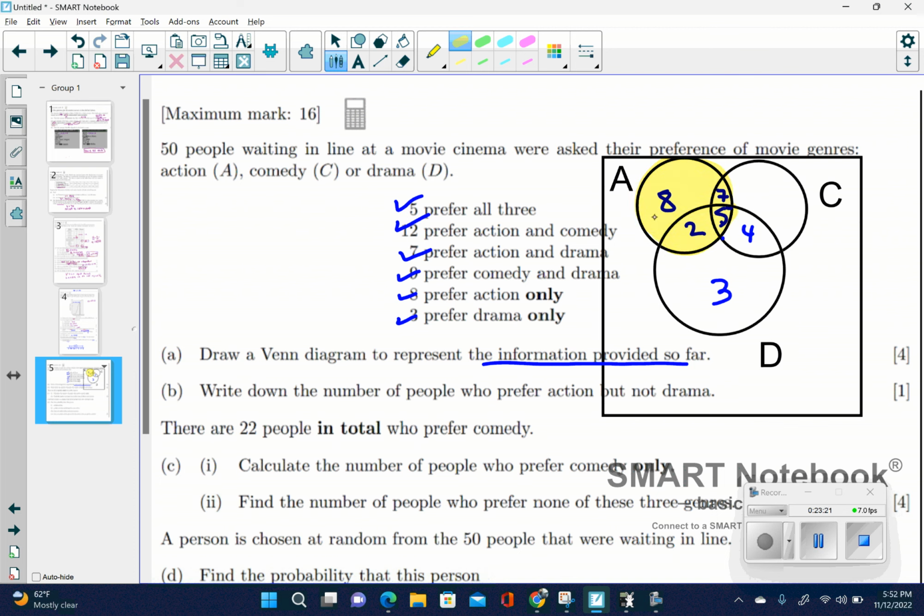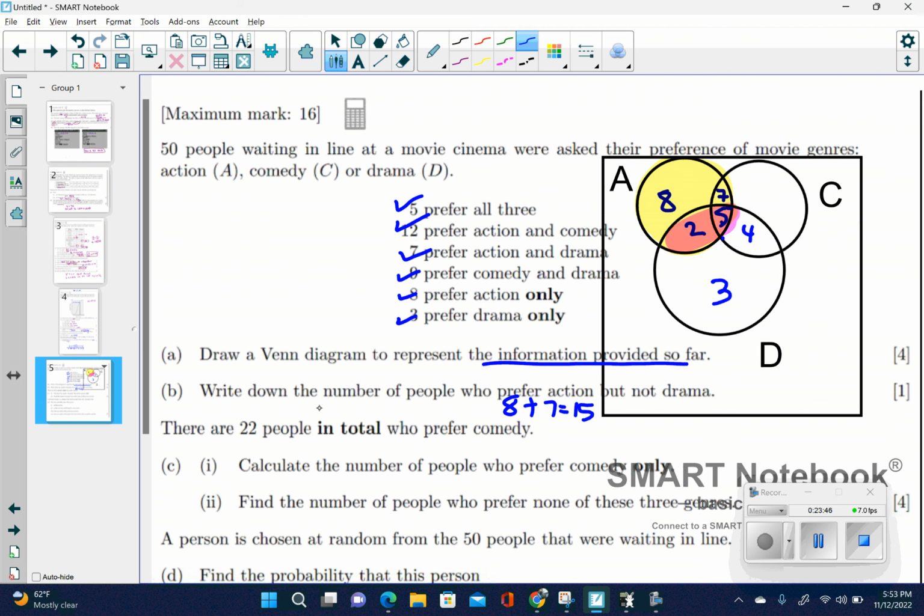And we have to take out the people that prefer drama, which are these right here. So that is going to be 8 plus 7, so 15 people prefer action but not drama. So 8 plus 7 is equal to 15 is the answer for part B.